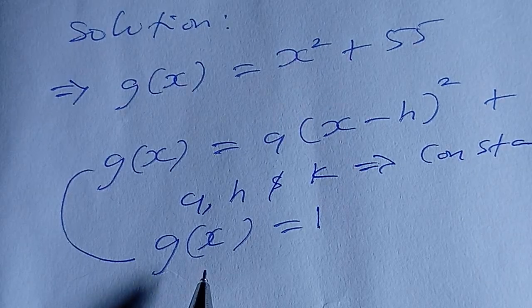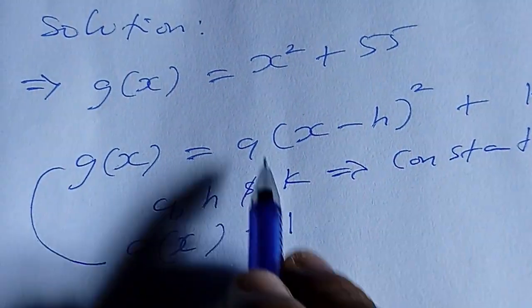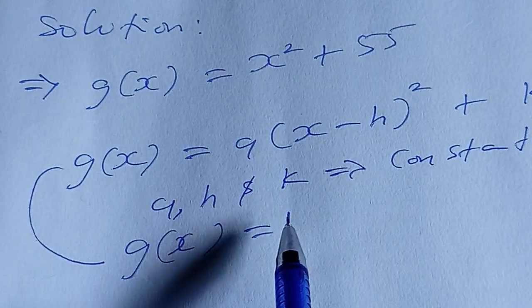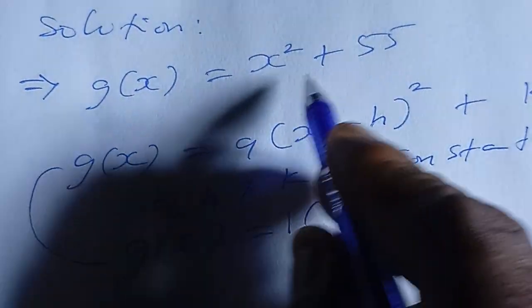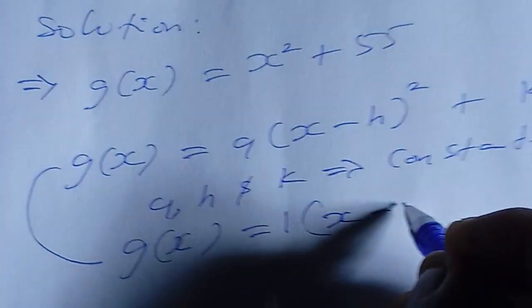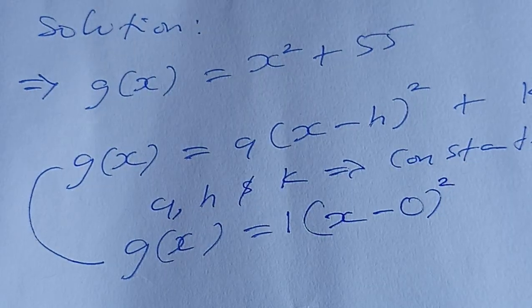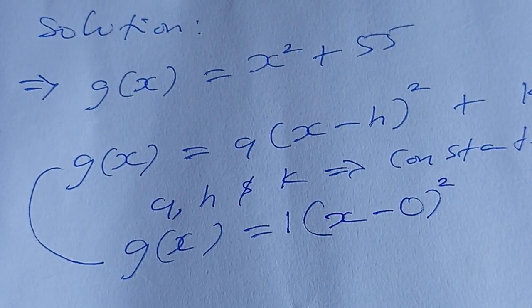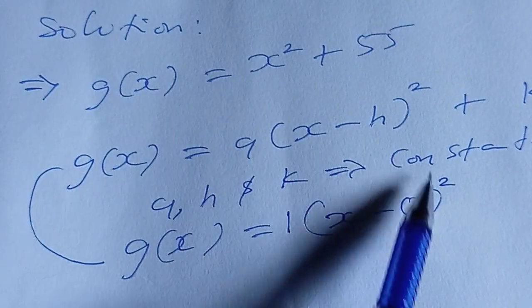So back to here now, the coefficient of x squared is 1 here, and then we'll put into bracket. Now for this to be x squared, this has to be x minus h, where h is 0, so x minus 0 all squared. H is 0.